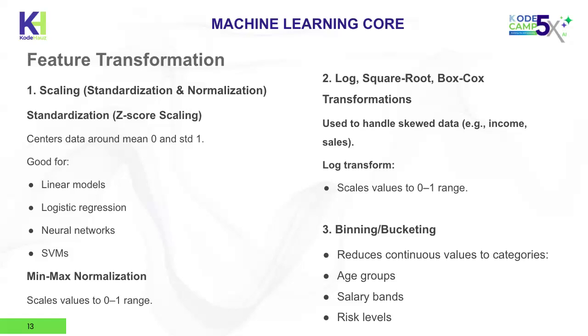Okay, so what are the steps to feature transformation? The first one is scaling. Scaling, like we talked about, can be either standardization or normalization, so we have two types of scaling. Standardization, alternatively called Z-score scaling, is where you center the data around a mean of 0 and a standard deviation of 1. This is good for linear models. We used that for our linear models when we did linear regression.